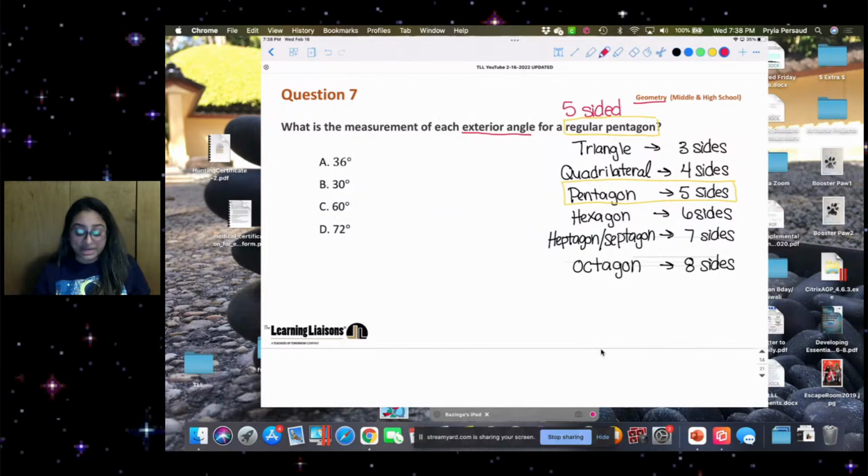But what do we know about exterior angles? Well, I know that the sum of exterior angles for a regular shape is 360 degrees.